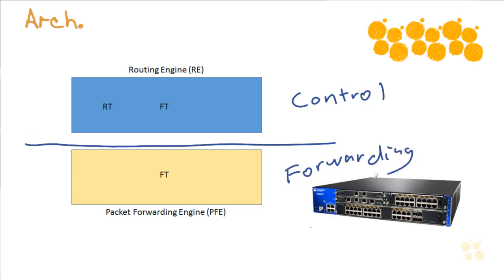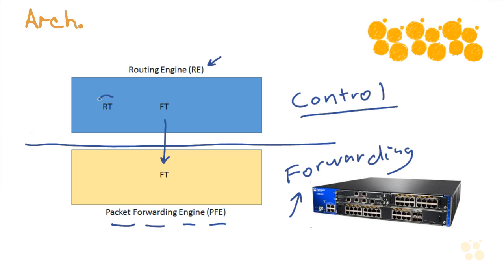Here you can see the routing engine, or RE, makes up the control plane, and the packet forwarding engine, or PFE, makes up the forwarding plane. The control plane's job is to control and monitor your chassis and all the functions of the chassis that we interact with, and obviously it's also responsible for the maintenance of the packet forwarding engine.